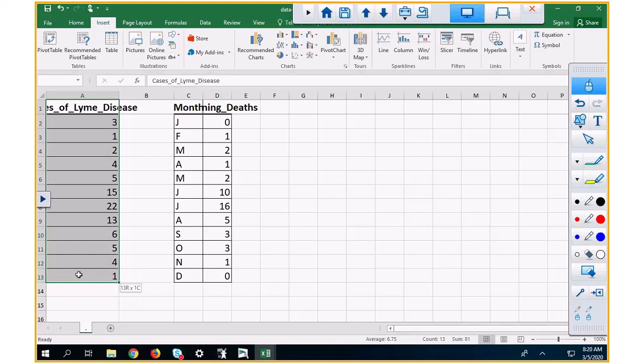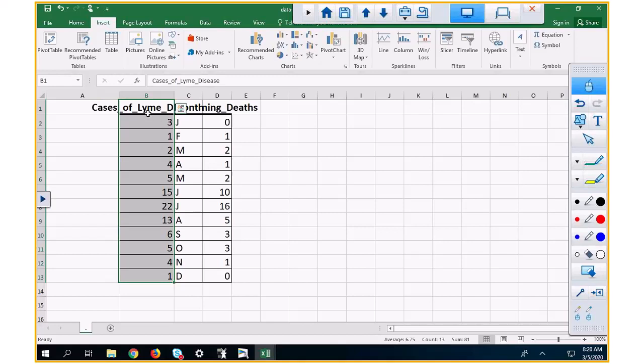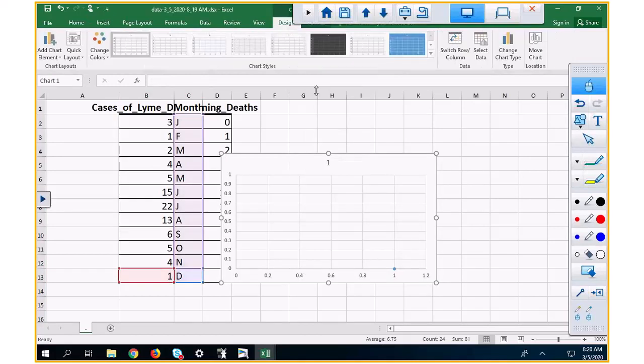I'm just thinking, I have no idea what they're doing. Control X and Control V. And that way you could maybe do this graph. I didn't like that either.